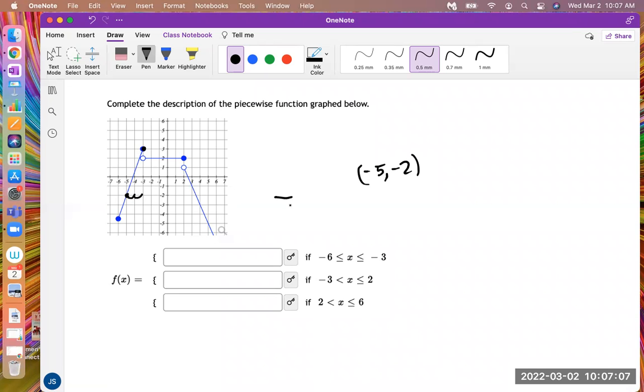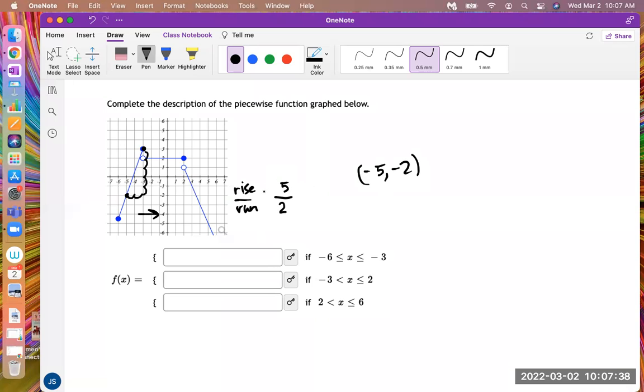That would mean a run of 2, which goes on the bottom because the slope is rise over run. When I go from this point to this point, I moved in the positive x direction, so it's +2. And then I also moved 1, 2, 3, 4, 5 spaces up. So I have a slope of 5/2.